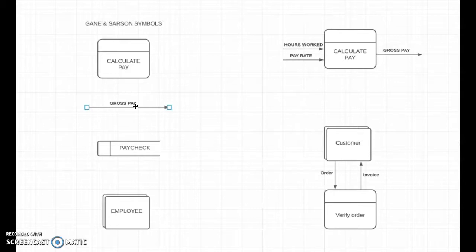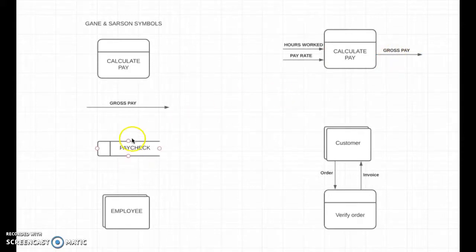For example, employee ID is a single data item, and then department with employee ID, employee name, date of birth, etc. would be multiple data items. The symbol for a data flow is a line with an arrow. This is also a data flow here. There's a double line and there's a single line data flow.